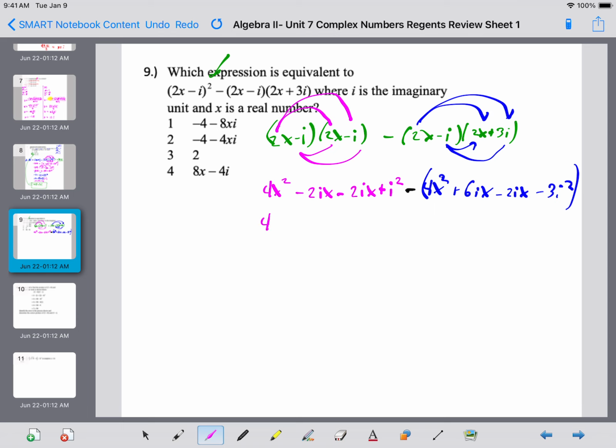So we have 4x squared minus 4ix plus i squared minus 4x squared. 6ix minus 2ix would be 4ix. So positive 4x times negative 1 would be negative 4ix.